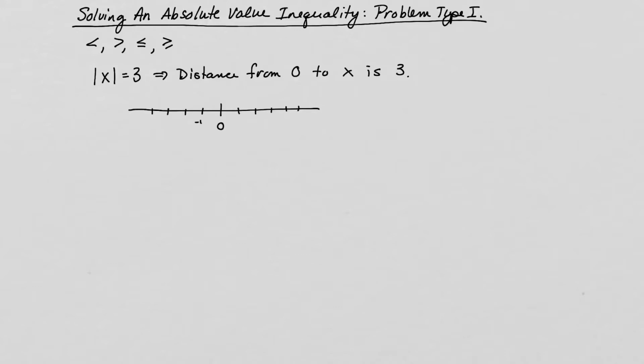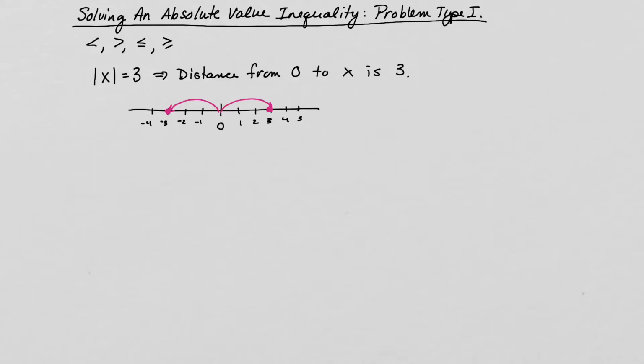So -1, -2, -3, -4, 1, 2, 3, 4, 5. So if we're going a distance of 3, that means I could have went 3 this way to -3, or I could have went 3 this way to +3. So that's why we were getting before the answer to x equals 3 would give us two answers, right? That positive answer and the negative answer.